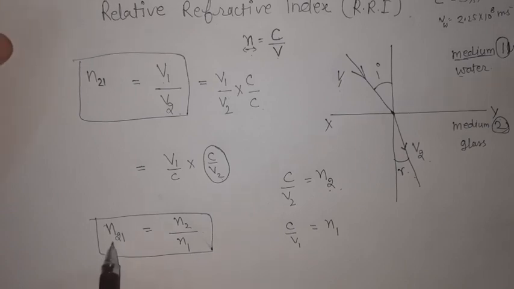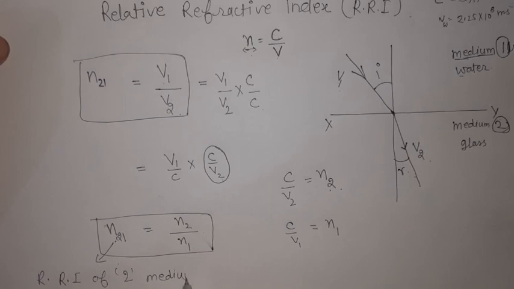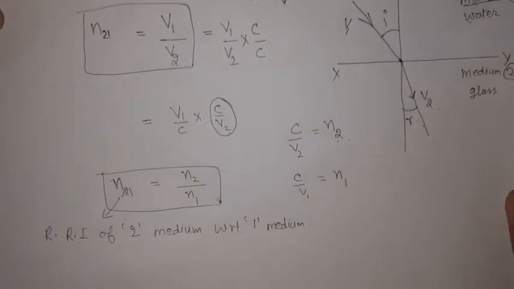Okay, so how will you read this one? So it is read as the relative refractive index of second medium with respect to first medium. Okay, so in this way we are going to read it, so it is n21.